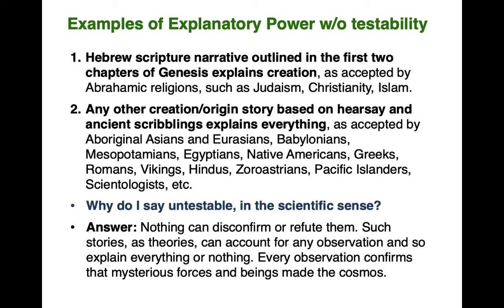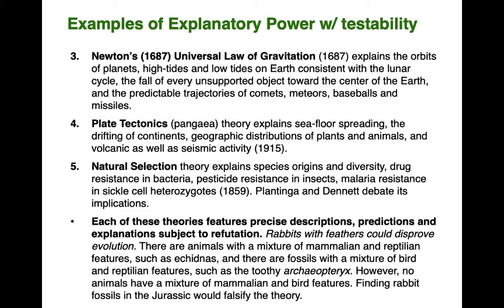That's how it looks. Now, here are some examples of explanatory power with testability, and I developed these examples further in handout 7, so look there for details. Newton's 1687 universal law of gravitation theory explains the orbits of planets, high tides and low tides on Earth consistent with the lunar cycle, the fall of every unsupported object toward the center of the Earth, and the predictable trajectories of comets, meteors, baseballs, and missiles.